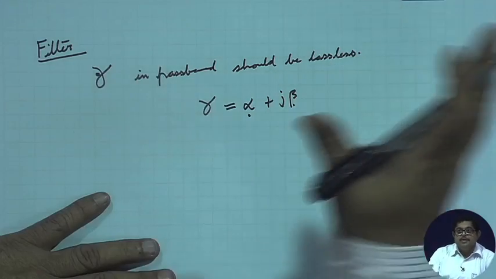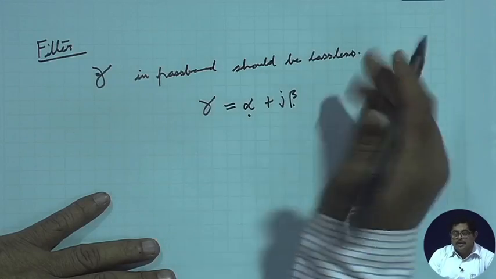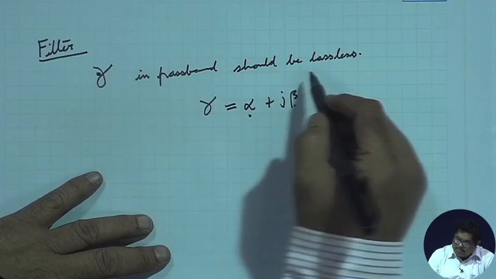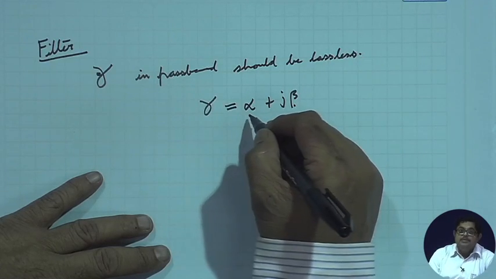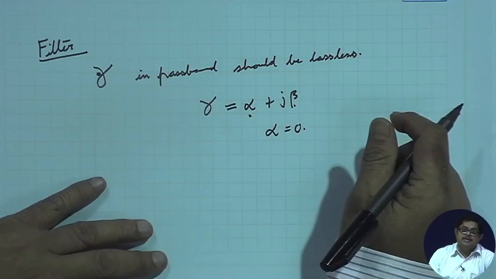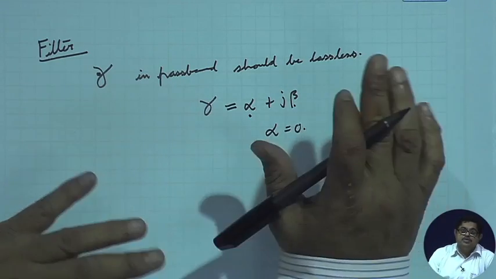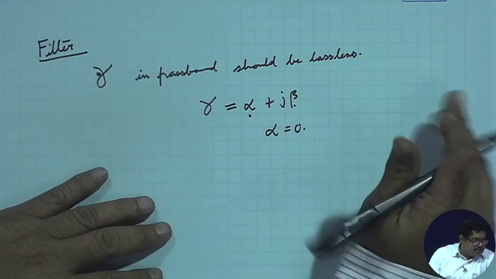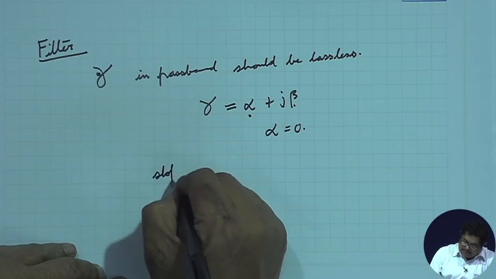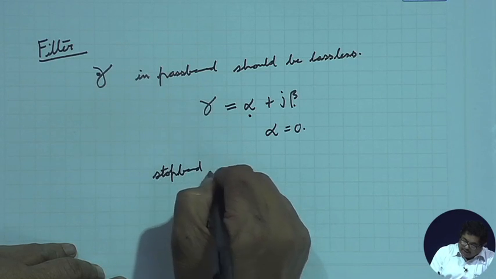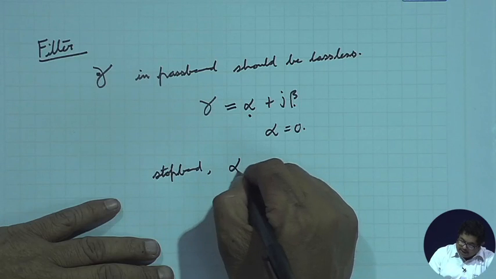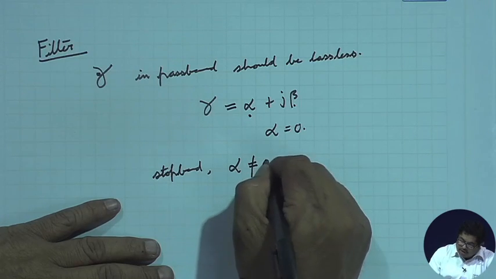For any electromagnetic wave, this is true. So, when we say that the pass band should be lossless, what we basically say is that alpha should be 0 over the whole pass band, that there should not be any attenuation. And what happens in the stop band? In the stop band, we want that it should be lossy. So, at least alpha should not be equal to 0.